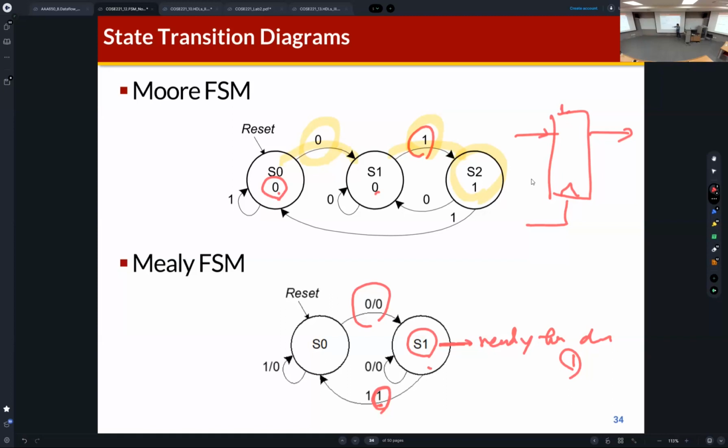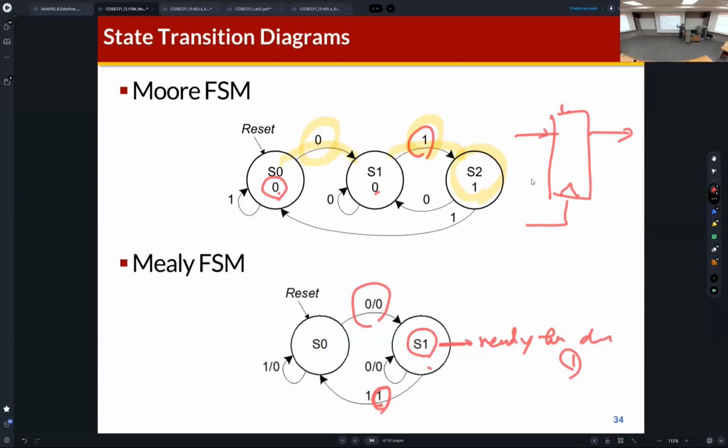Based on the input, the state is changed, but at the same time the output is changed. When the input changes to 1, with some delay because it's combinational logic, the output becomes 1 immediately.